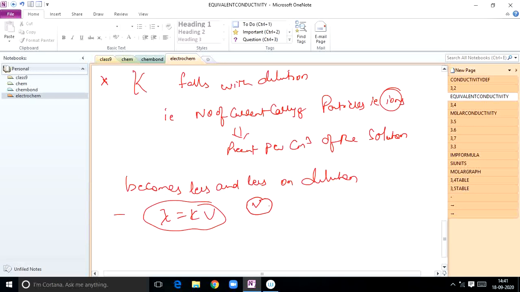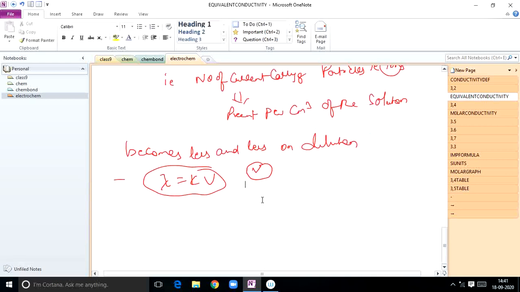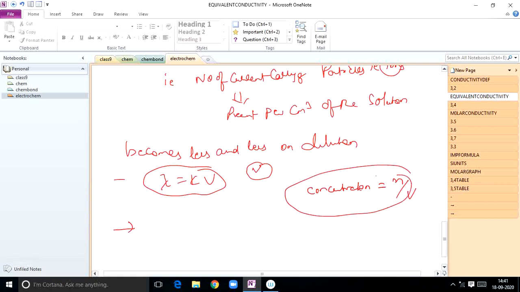So from this we can say one point. We already know concentration is equal to N by V. As the concentration decreases for an electrolyte, that is increasing dilution, and increasing dilution means increasing volume.